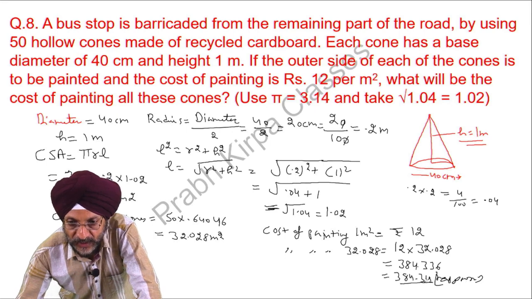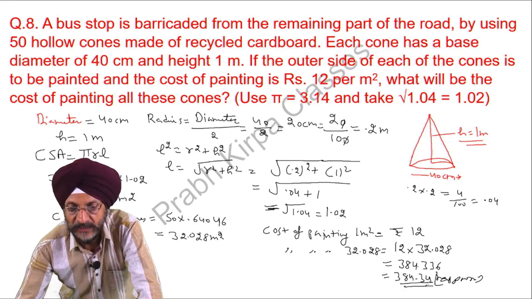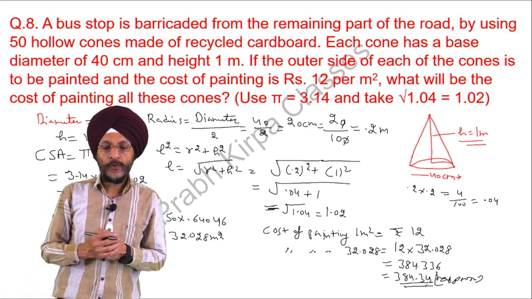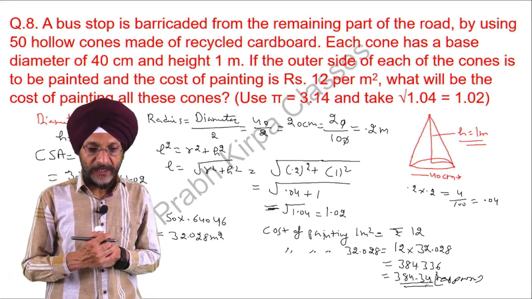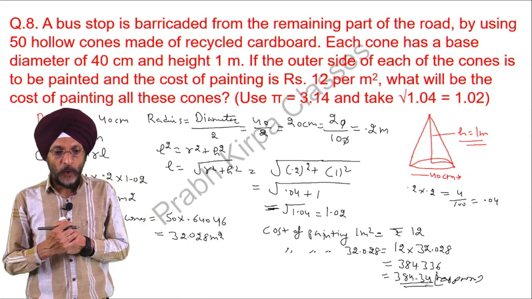This is the answer. 384.34 is the cost of painting 50 hollow cones.